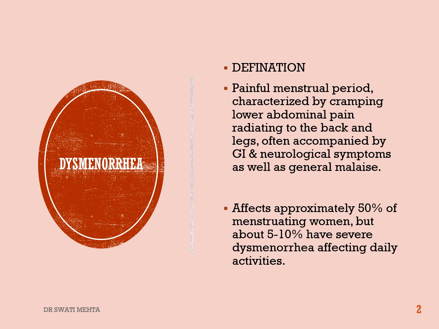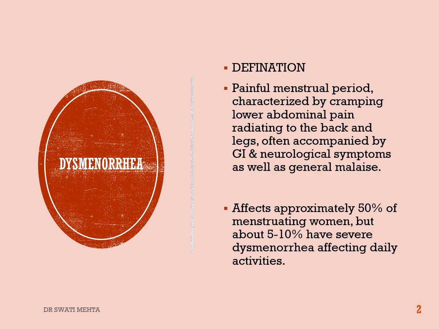Dysmenorrhea is defined as painful menstruation characterized by cramping pain in the lower abdomen that may radiate to the back and thighs. It is frequently accompanied by nausea, vomiting, diarrhea, headache, dizziness, and fatigue with general weakness.